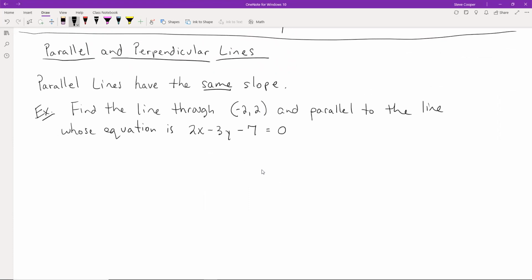Okay, so we know that this line is going to have the same slope as 2x minus 3y minus 7 equals 0.